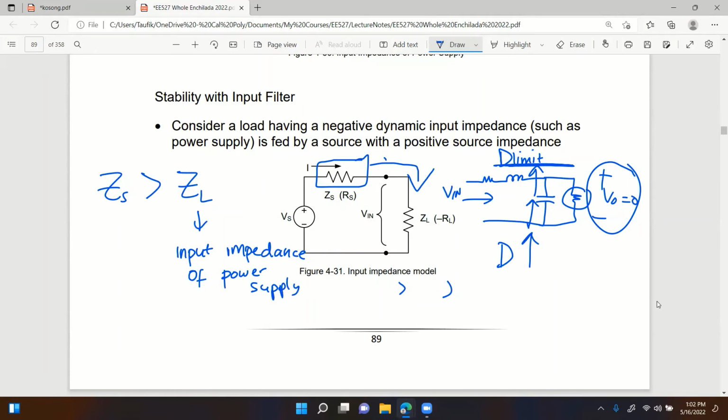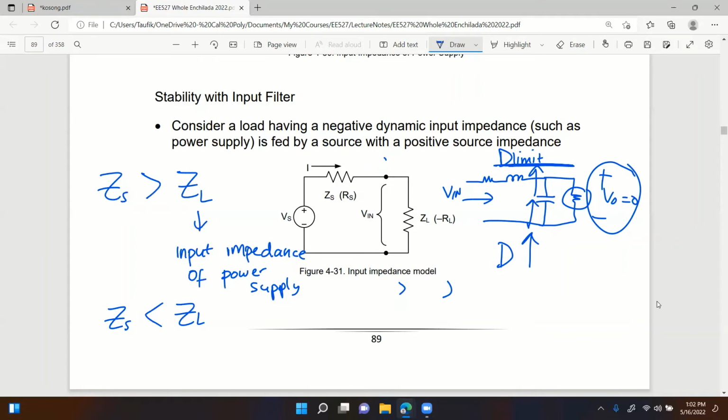However, if ZS is less than ZL, then for sure this is going to be okay, right? It's going to recover.